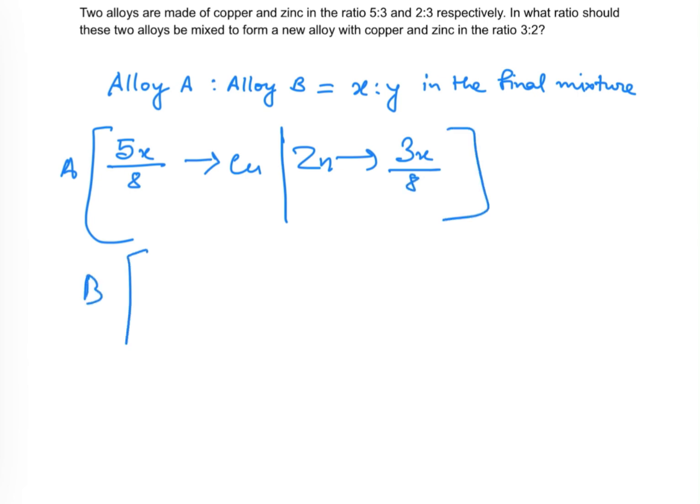In B, copper is 2y by 5, zinc is 3y by 5.